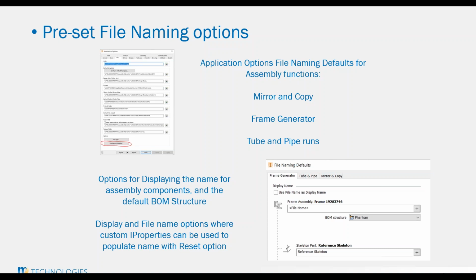So whenever you start an assembly file and go into any of these areas to start working, these preset names allow you to quickly generate information without having to constantly type in the names that you want.